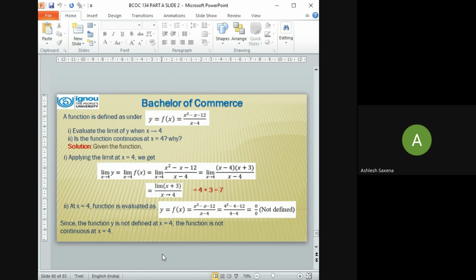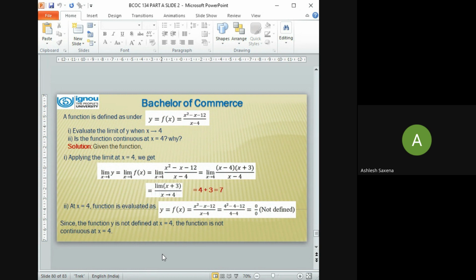First of all, we will apply the limit x tends to 4. It will be written as limit x tends to 4 of y. We replace y by f(x), and in the third step we replace f(x) by x squared minus x minus 12 by x minus 4.